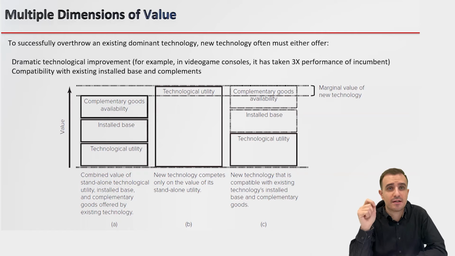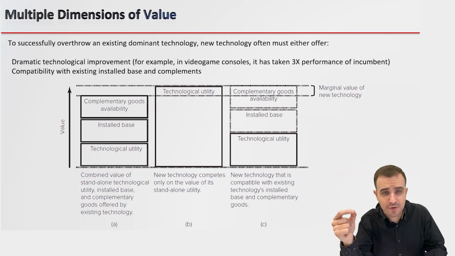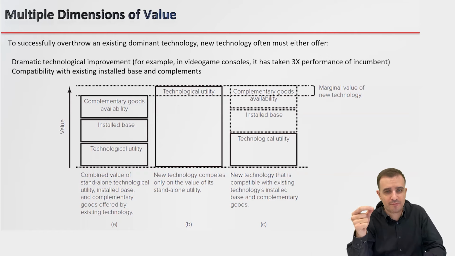However, this is not the only way to achieve this. As I said, there is also a second option. The second option is for a new technology to provide only a marginally better standalone value. An improvement, a marginal improvement, not a radical improvement of standalone value.